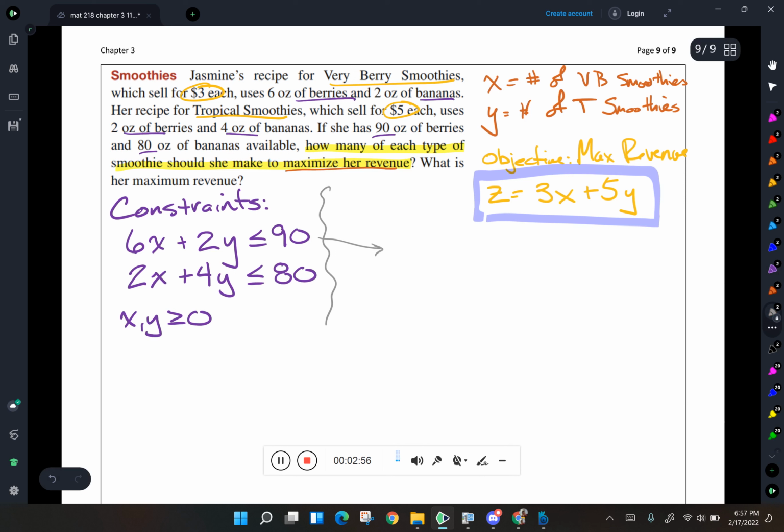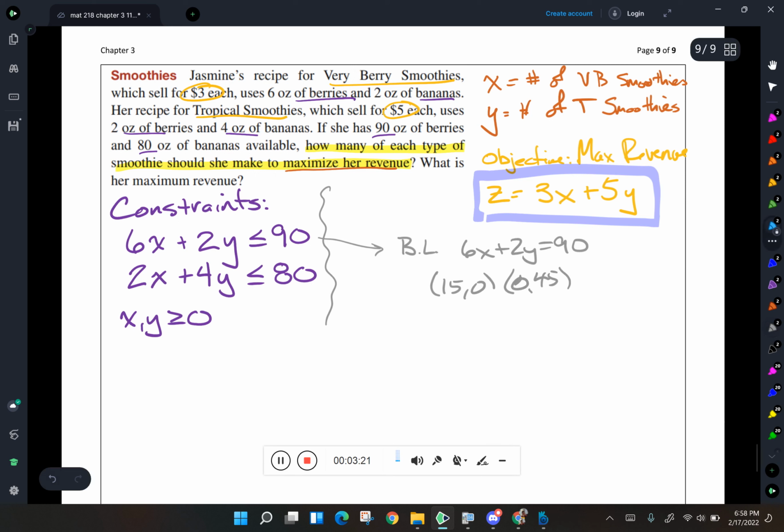All right. The boundary line for the first one is 6x plus 2y equals 90, which has an x-intercept of 90 divided by 6, so 15, and a y-intercept of 45.